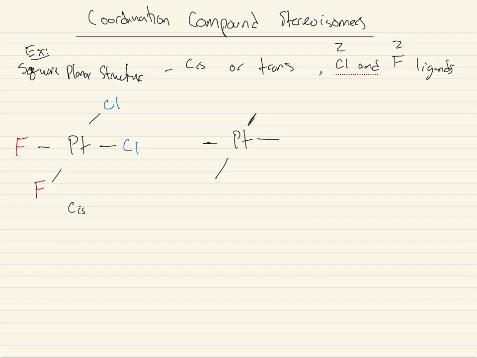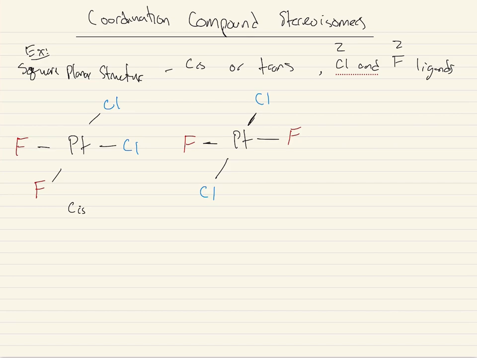If we have a trans structure, the only way we can really change this structure is if we swap the places of one atom with another, right? So if the chlorine goes here and the fluorine takes a spot of that, then we would have what's called a trans isomer. So let's say we had fluorine here, and then the 2 chlorines here, right?